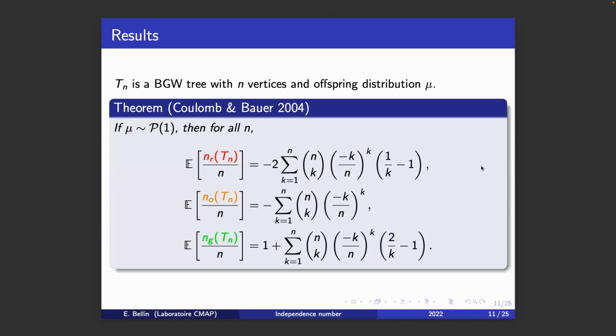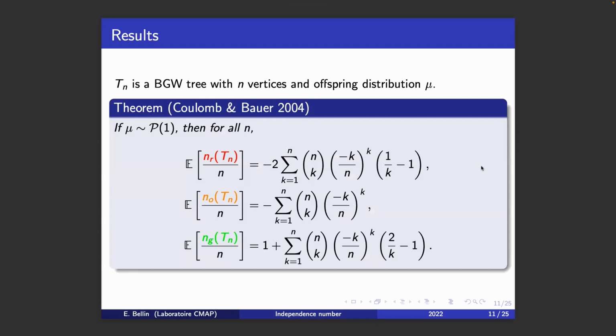So why does it work in this particular case? Well, actually, Tn with a Poisson distribution turns out to have the same law as a uniform Cayley tree with n vertices. And in this case, you have some nice properties.